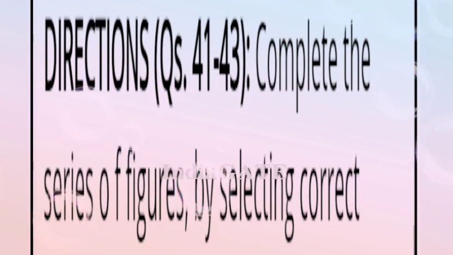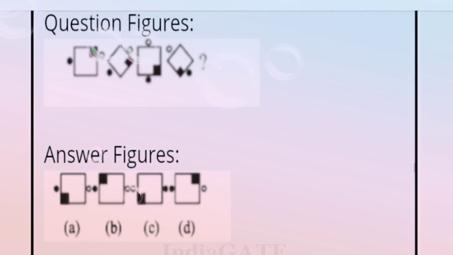And the direction for this question is 41 to 43. Complete the series of the figure by selecting the correct answer figure from the given responses. So here the series of the figure is given like this, and the answer figure is given like this. So this is a very interesting type of reasoning question based on figures.